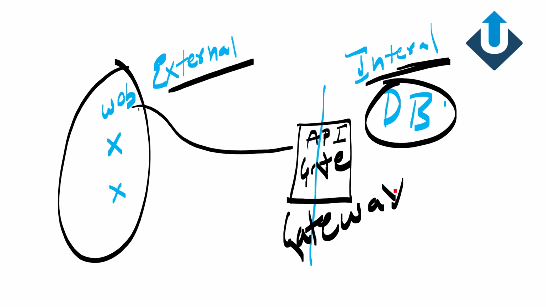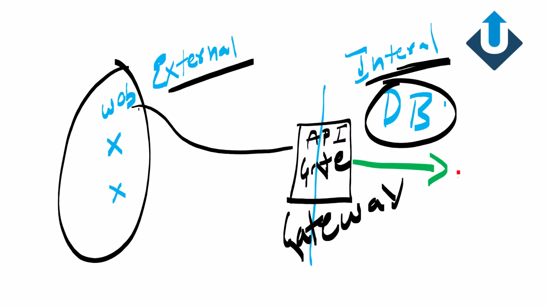Now, Amazon API Gateway, we know that it's an AWS service. With the help of this, we can create, publish, maintain, and monitor REST APIs, HTTP APIs, and WebSocket APIs at any scale. So basically, AWS gives us a lot of options here.